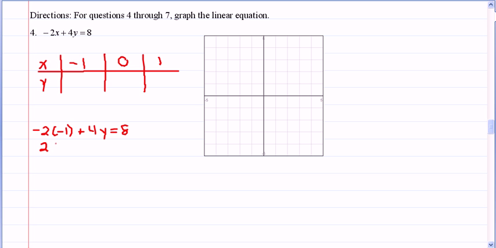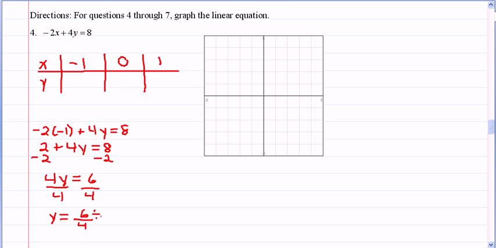So that I get 2 plus 4y equals 8. And then I subtract 2 from both sides. I'm just solving the equation to give me 4y equals 6. Divide both sides by 4, and I get y equals 6 over 4.